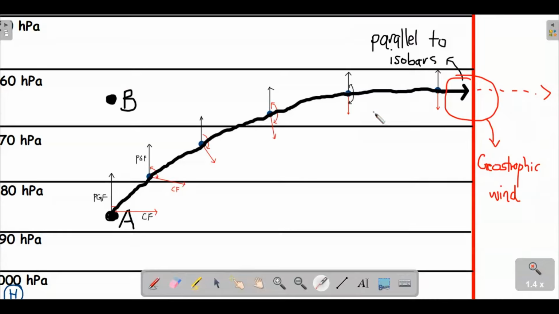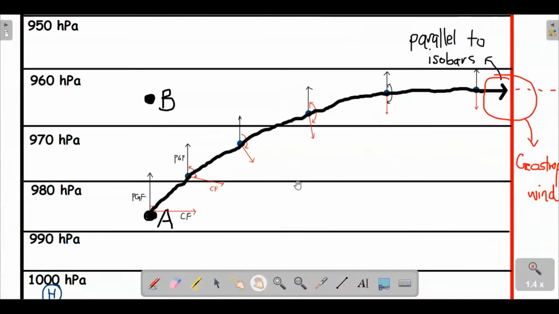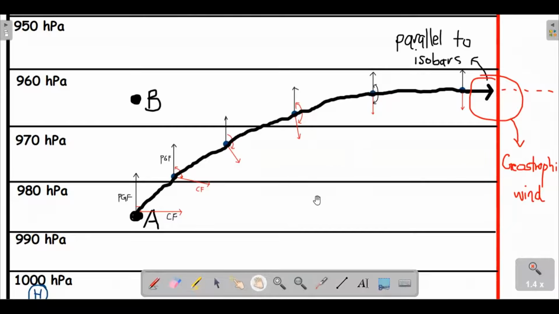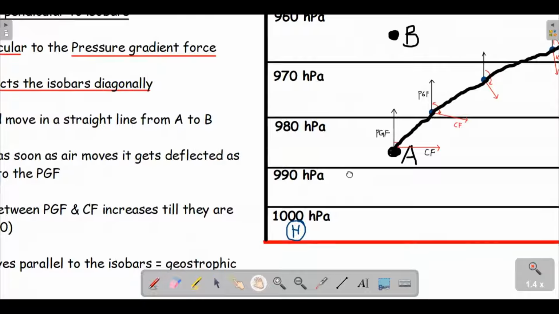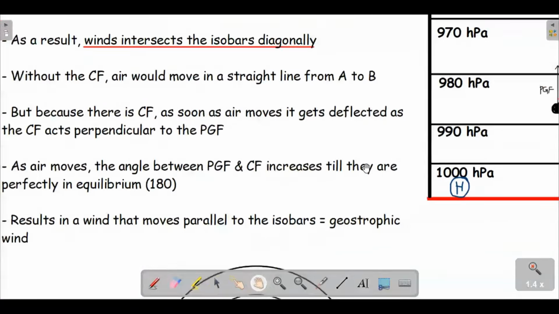They are in equilibrium. So that's what we see here over time, guys. Instead of moving simply from A to B, because of the balance between PGF and CF, the wind moves diagonally like that and results in geostrophic wind, moving air that moves parallel to the isobars.